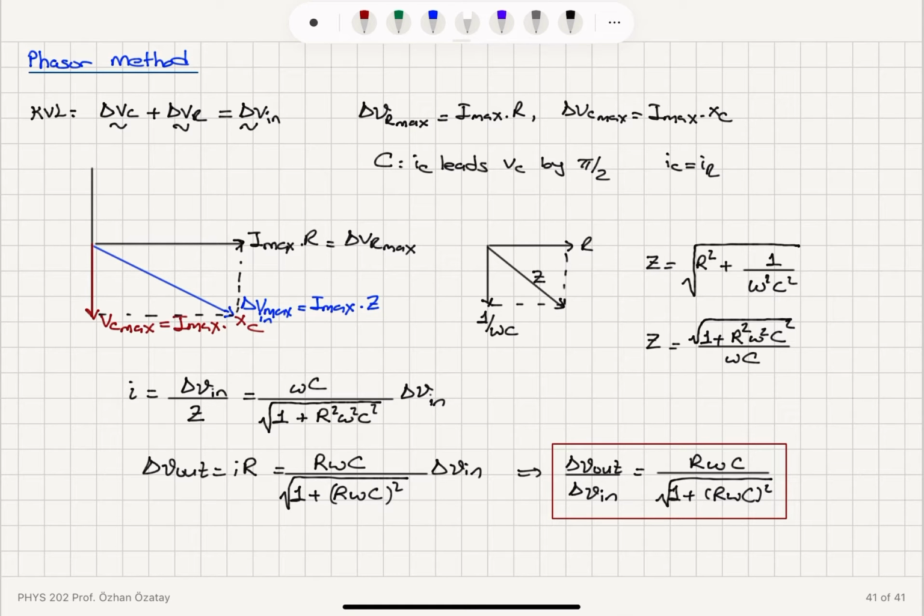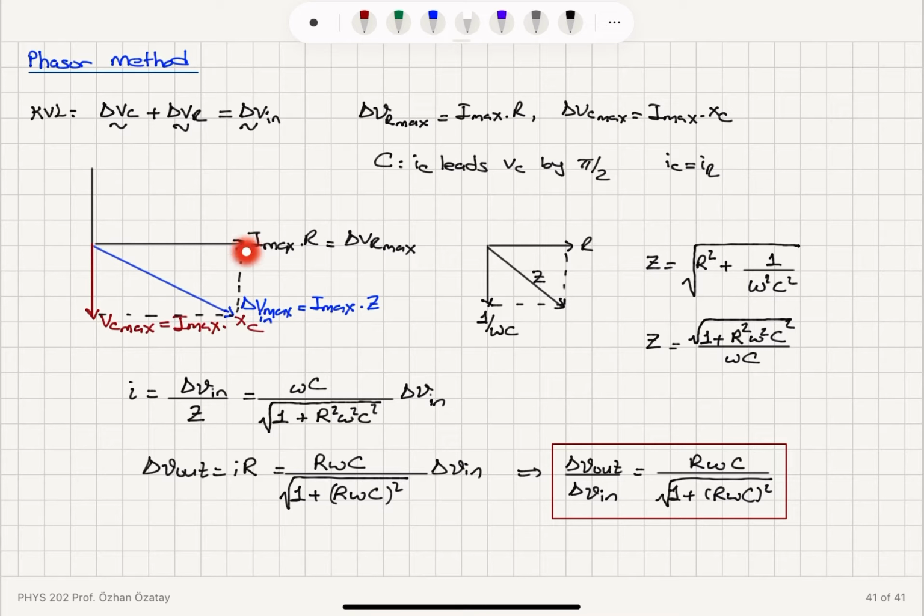So when we plot the phasors here, we can put the current phasor I max times R. The voltage phasor for the resistor is pointing to the right with a 0 angle with the x-axis. So that's our reference.